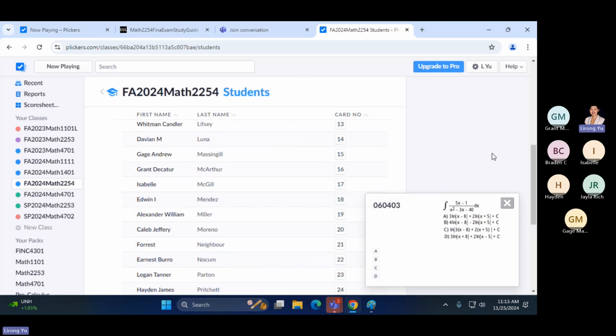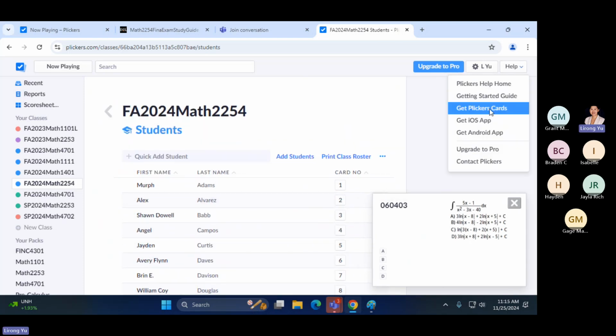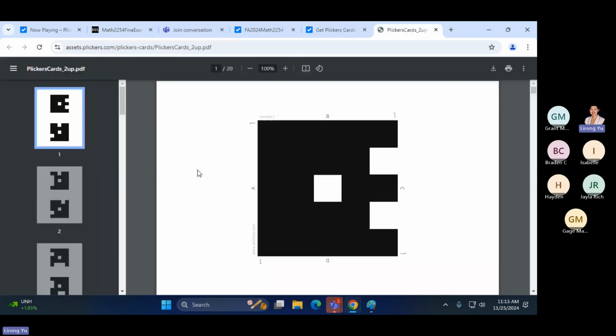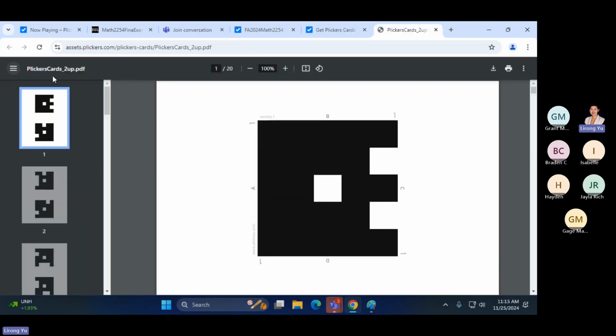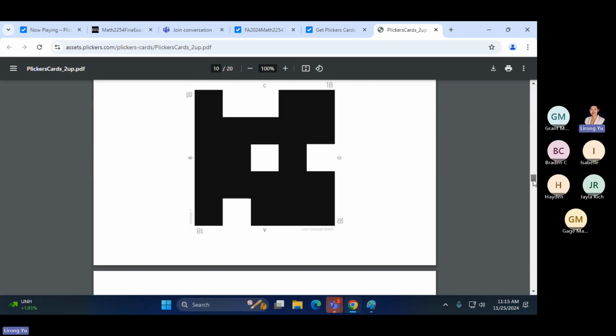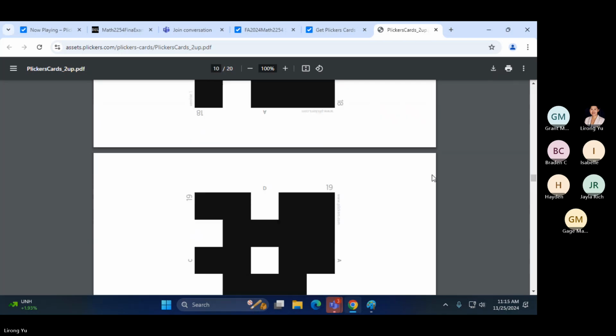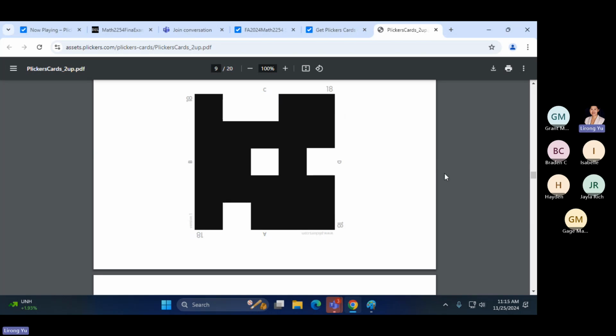So it's card 18. I can find the card, and then you can use your phone to take a picture of the image, card 18. Right, and you can copy the image and answer the question.